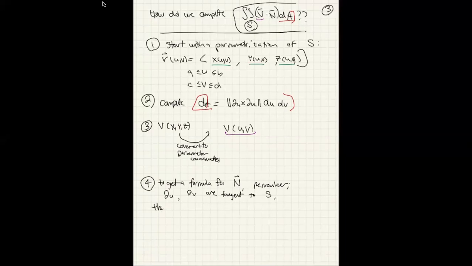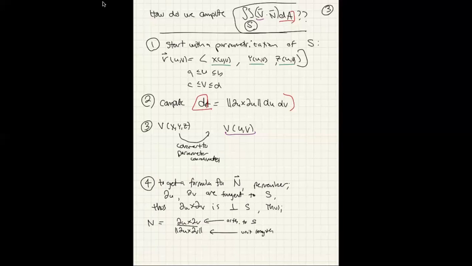So thus, partial u cross partial v is normal to the surface, is orthogonal to the surface, but it might not have unit length. So if you divide by the magnitude of the vector, you can have that n is partial u cross partial v over its length, partial u cross partial v. So now you're guaranteed to get something that is orthogonal to the surface, and this piece down here guarantees unit length.